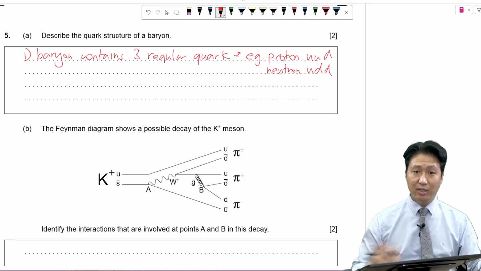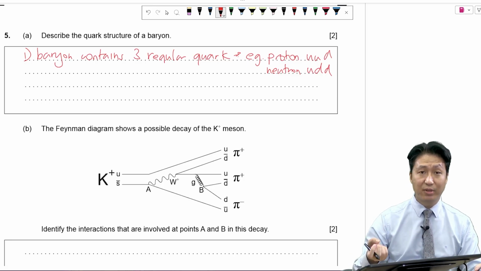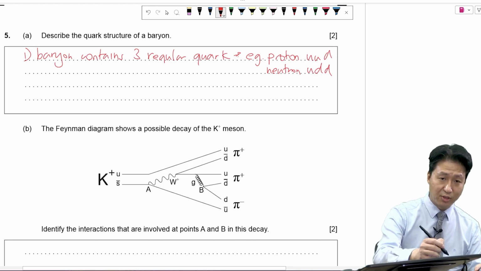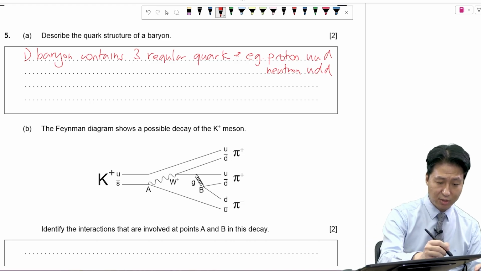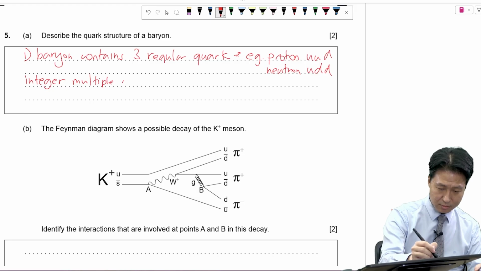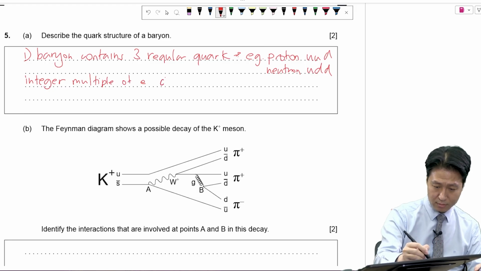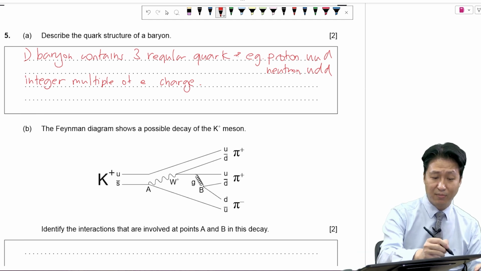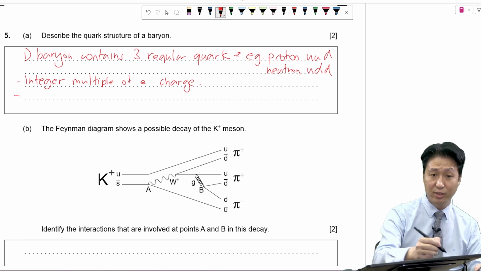Next, you can use any of the properties of a baryon. For instance, there's an integer charge, integer multiple of E charge. You can also say something about it having a baryon number of +1.